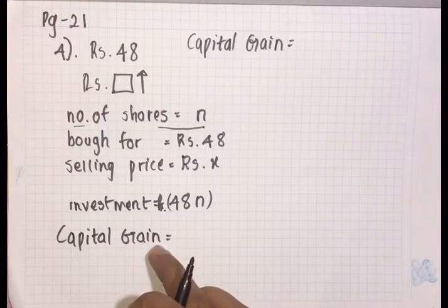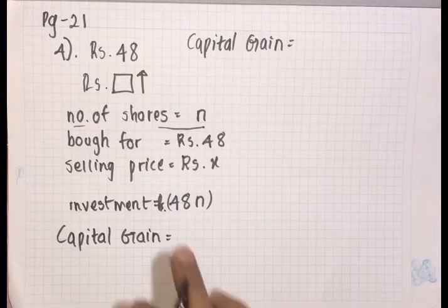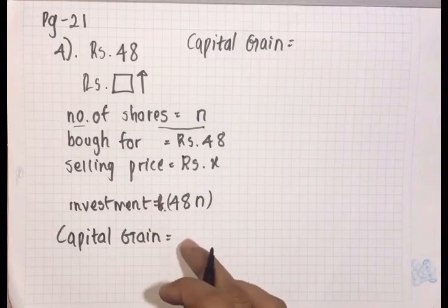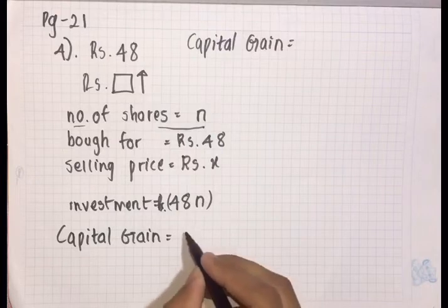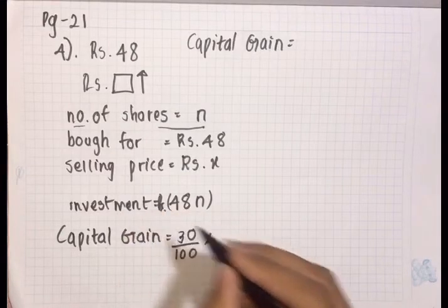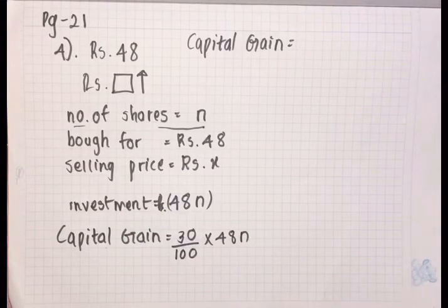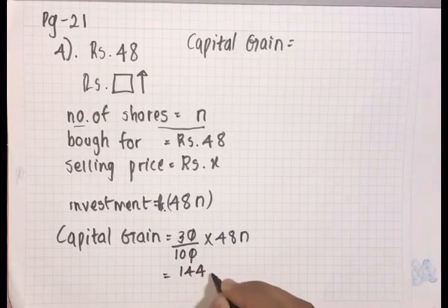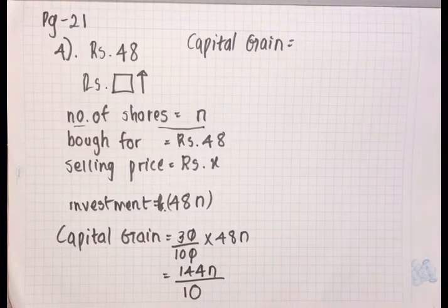Now you know the investment, so you have to find how much is 30% of it. 30% means 30 over 100, so 30 over 100 into the investment 48n. We can cancel off this, so you multiply 48 into 3, which gives 144. 144n over 10 is the capital gain.